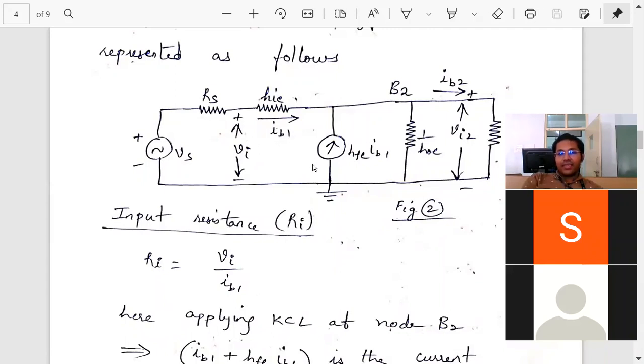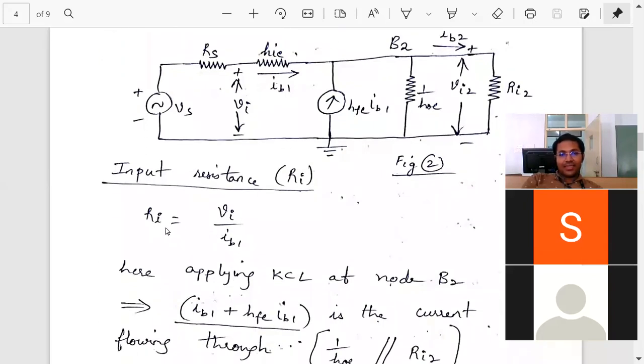Now, can I write VI from this relation? HIB1. From this, just cross multiply.